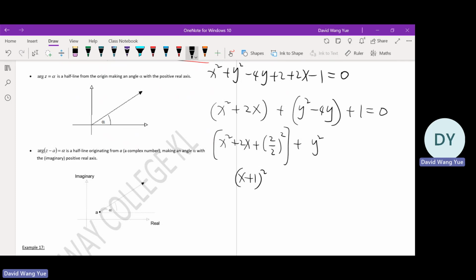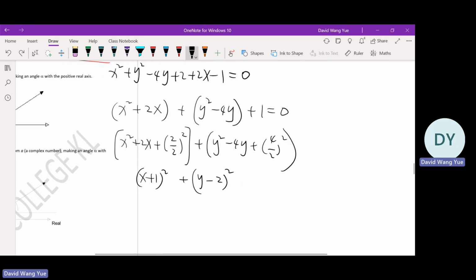This side, y squared minus 4y, I should add 4 over 2 squared, so that later I can get y minus, sorry, I always forget, because this is minus 4y, so it should be y minus 2 squared.